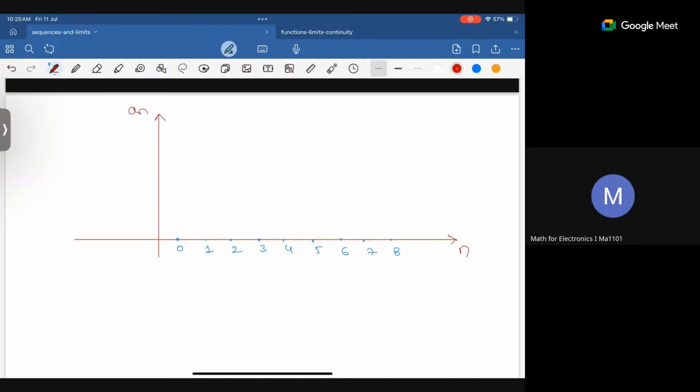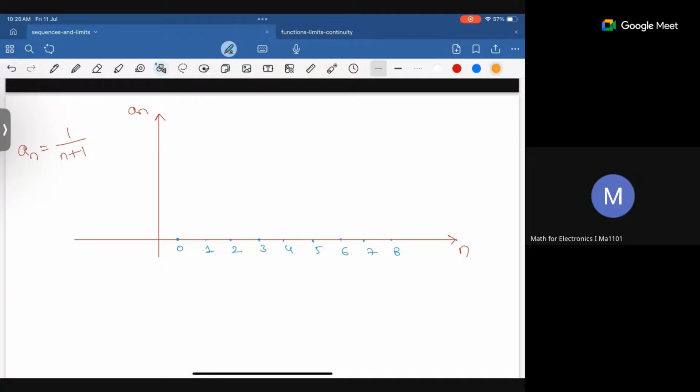And these are the a_n terms. Here we are considering a_n to be 1/(n+1). So at n = 0, this will be equal to 1.